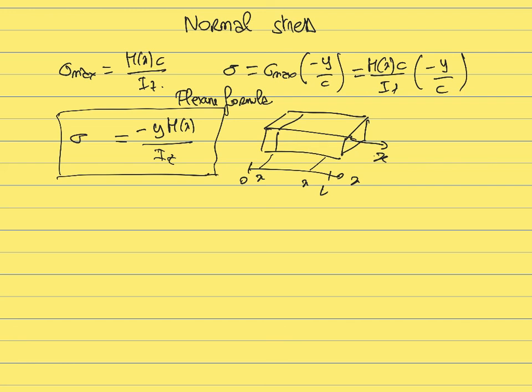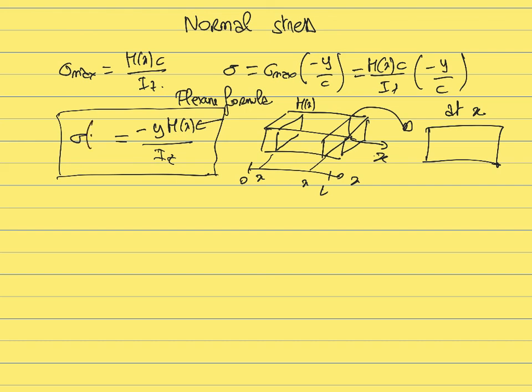When you fix the point x at which you want to calculate the stress, you need to look at the cross section at this position x. Then you have two things. First, you calculate the internal moment at this position x. So this is this term here: M of x is the internal moment at the position x.